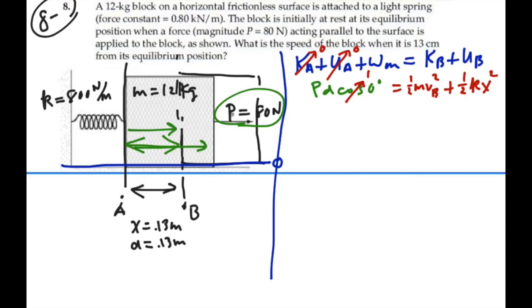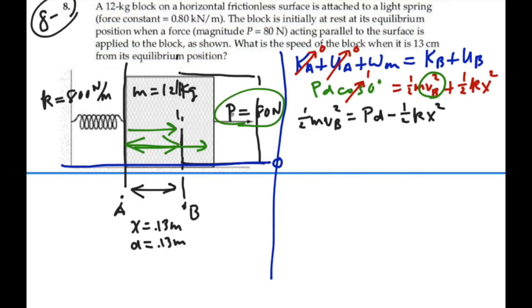Alright, so now we can set this up and try to solve for the velocity at point B. We have everything else that we need to know. So I have that 1/2 mass times the velocity of B squared should equal P times d minus 1/2 kx squared.